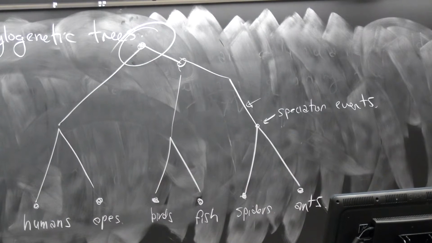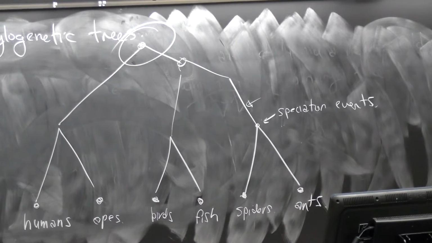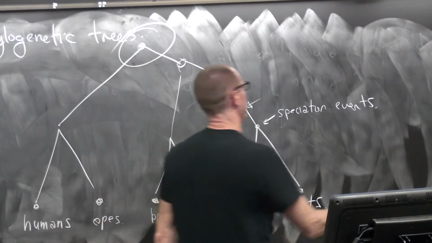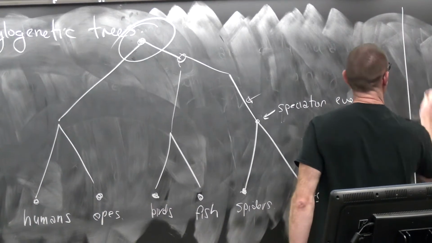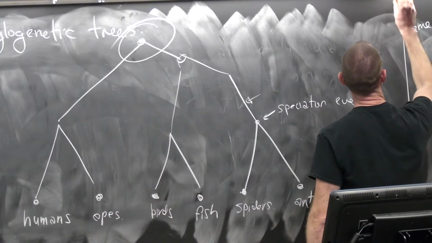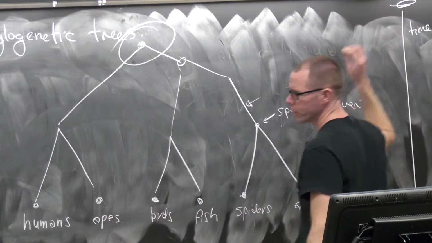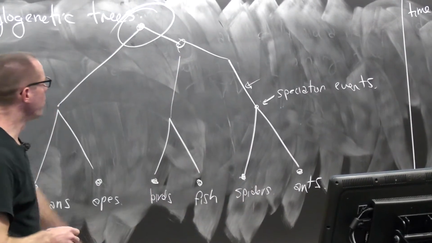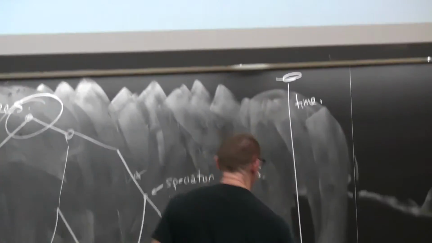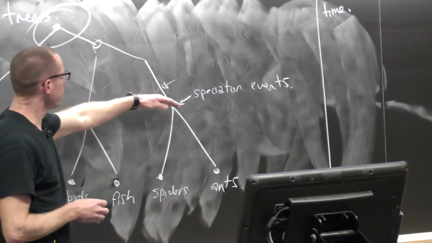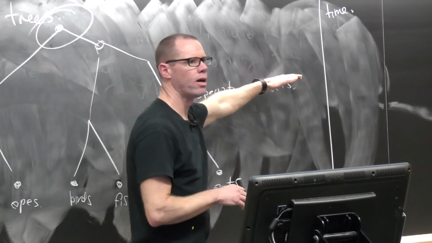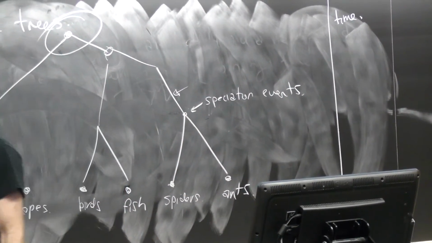In computer science, we like to draw them sort of level by level like this. In biology, you would probably treat this axis as time, you know, some number of billions of years ago or millions of years ago up at the root, and now down here. And you really try and place these nodes at the point in time where you believe that this separation happened between these two species.